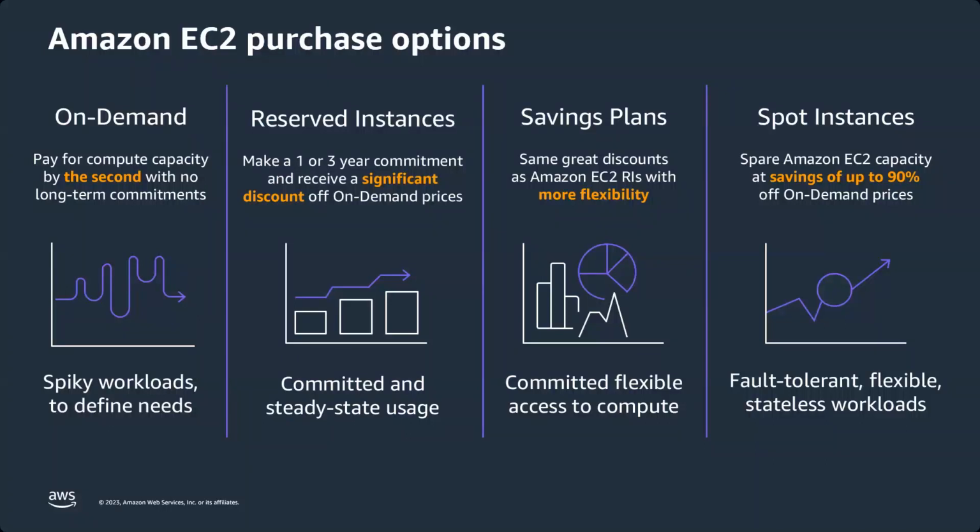That is why they offer up to 90% discount. So you should be using them, for example, for jobs that are fault-tolerant, flexible, and stateless, right? So you have, for example, a processing job that runs maybe once a month and doesn't need to save data, then it can be interrupted. You can choose spot instances, and you will get quite a discount.